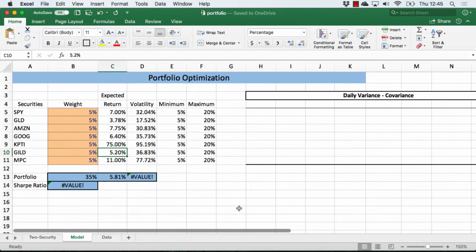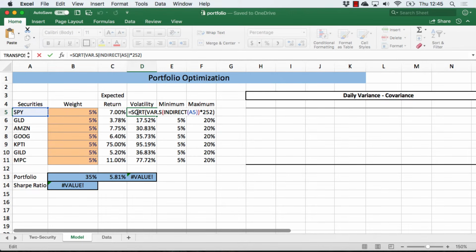But this highlights the weakness of any of these models. They're going to be highly dependent on the expected return forecast that you're using. They're also susceptible to the volatility, and I'll just show you how I calculated that, in that we're using historical data as a forecast for what's going to happen in the future. Now it may be similar to this, but it won't be exactly this.